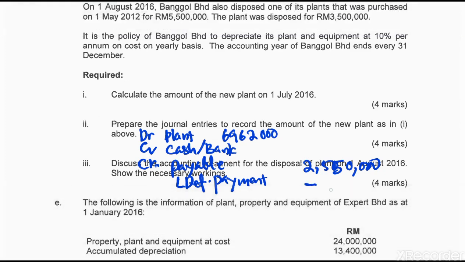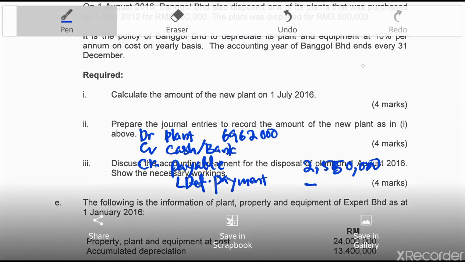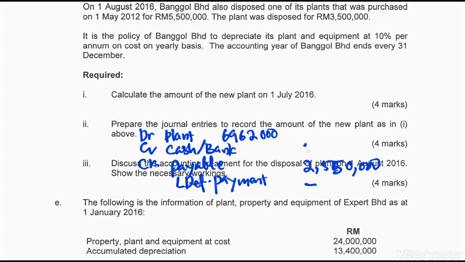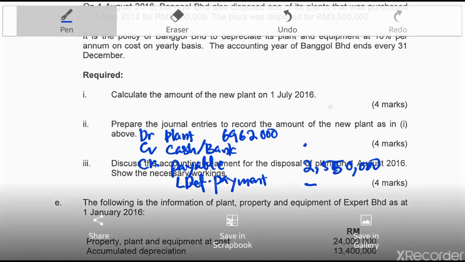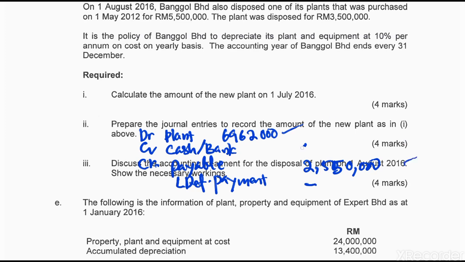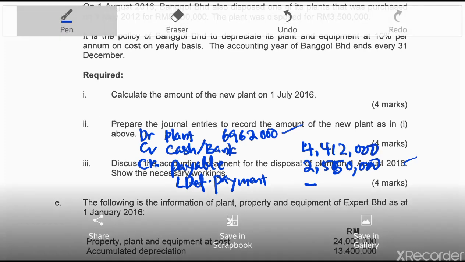So the total that you will incur in cash will be the difference between this, and it will be 4412. Okay, that's the journal entry. I hope you can follow me.